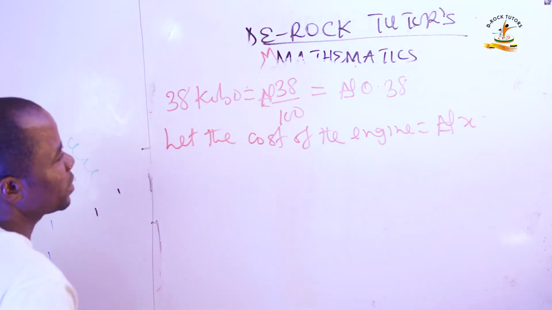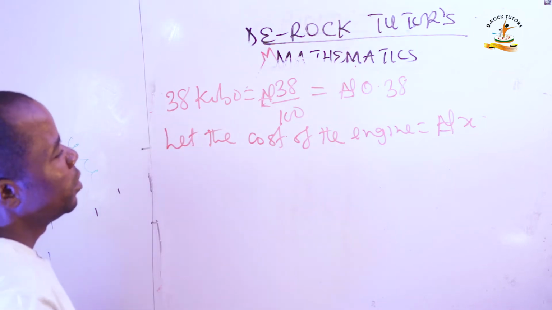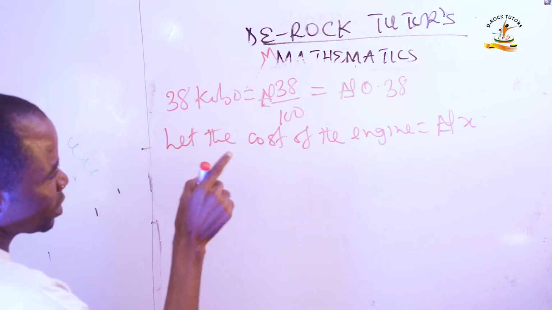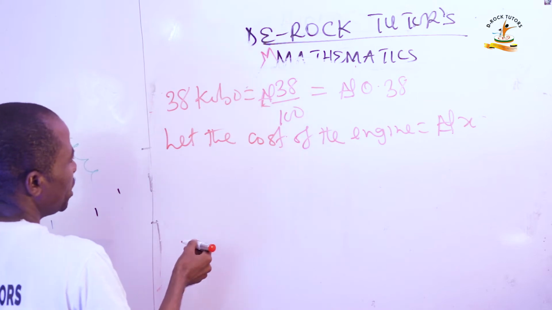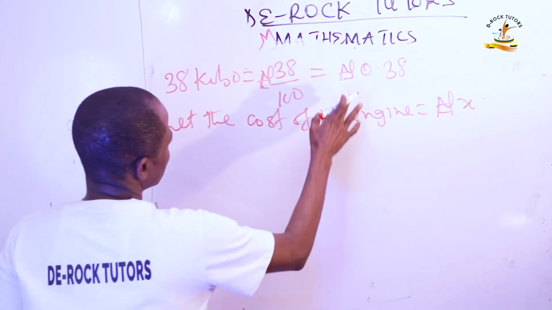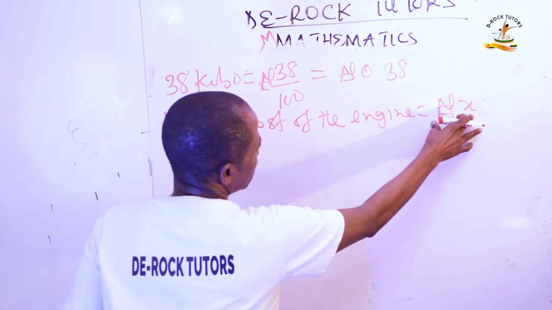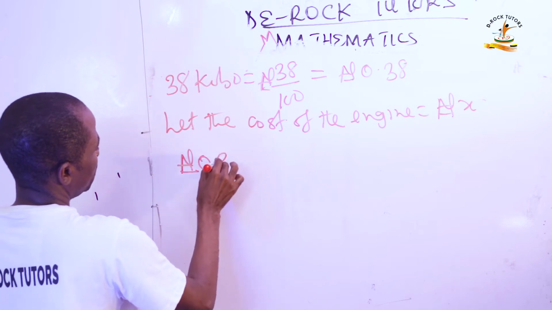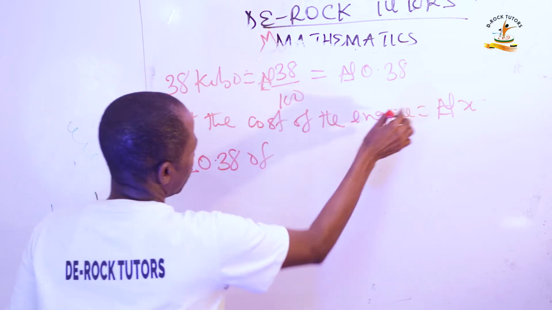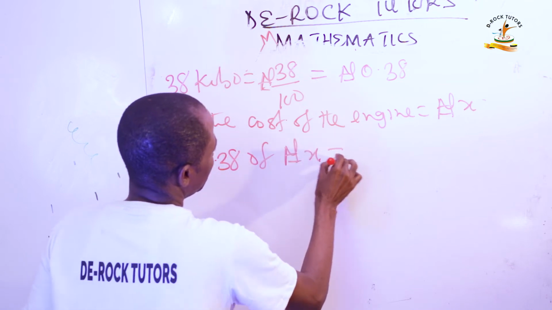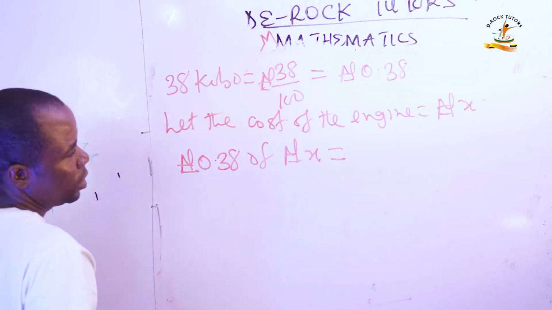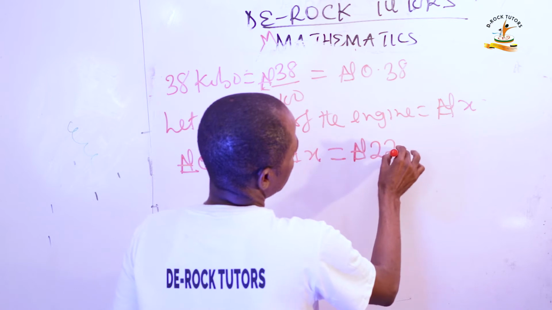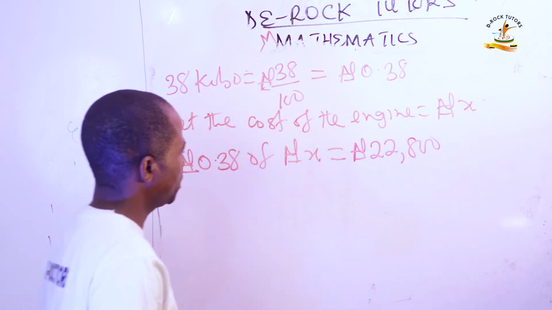We know that the total amount paid as the import duty on this particular engine was 22,800 naira. So 0.38 naira of the cost, that's x naira, is equal to the total sum that was paid for import duty, that is 22,800 naira.